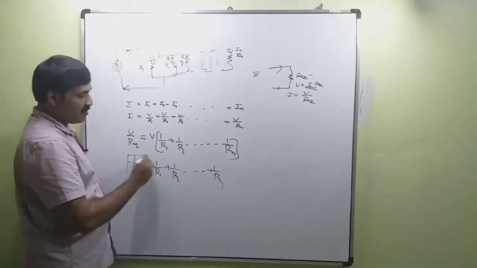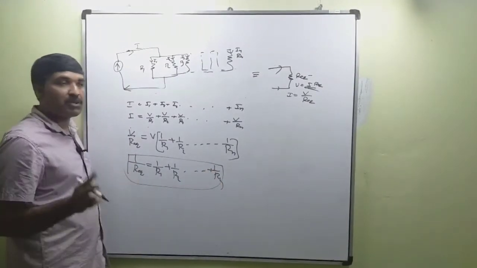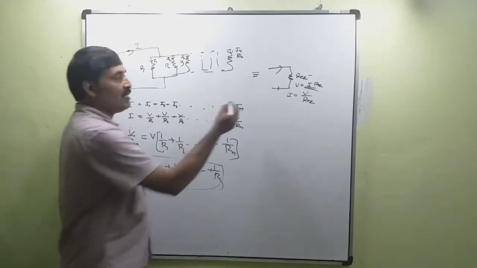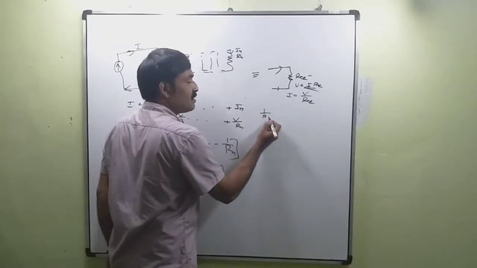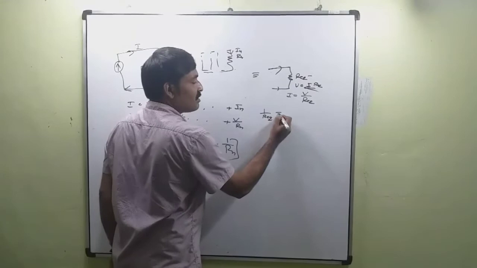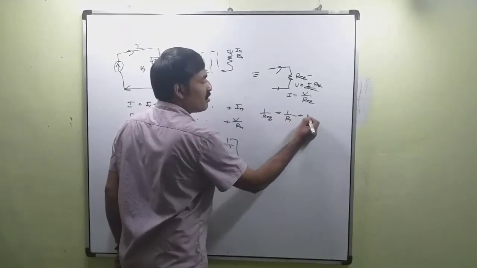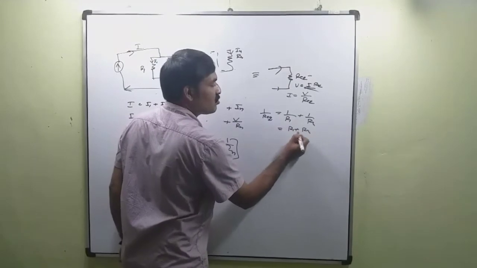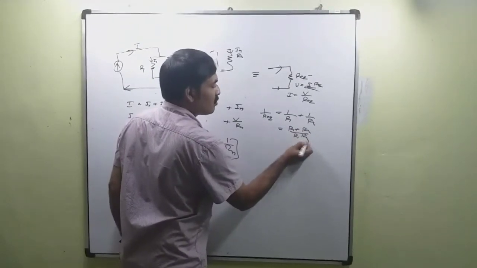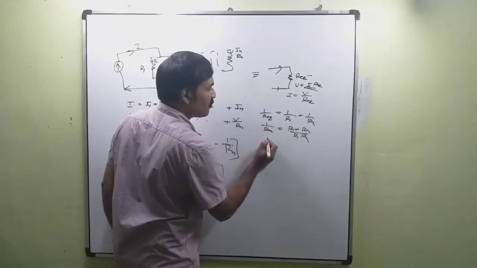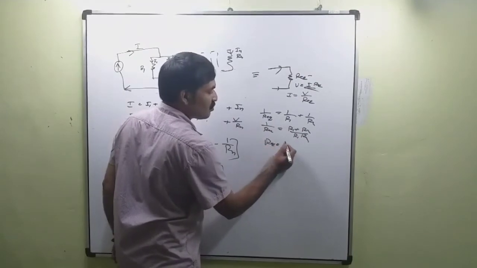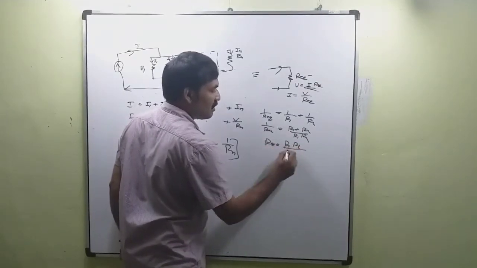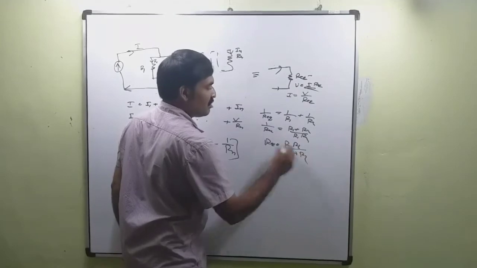Suppose we have only two resistances, then 1 by R equivalent is equal to 1 by R1 plus 1 by R2, that is equal to R1 plus R2 by R1 R2, or R equivalent is equal to R1 R2 divided by R1 plus R2.